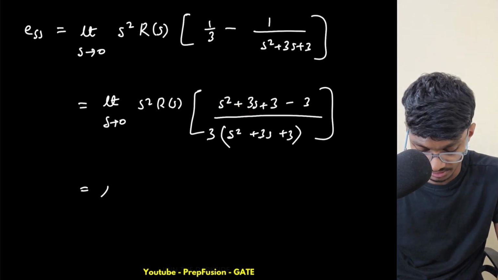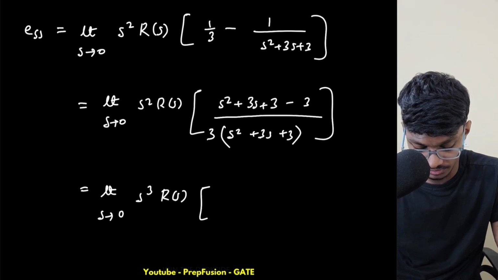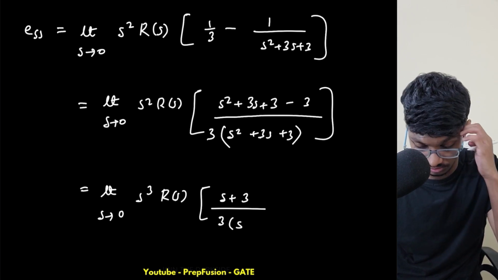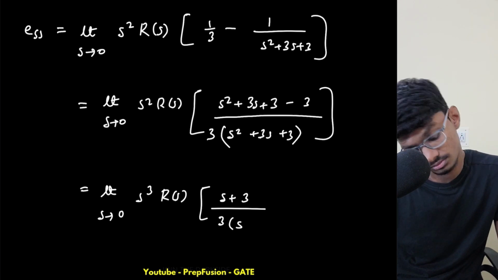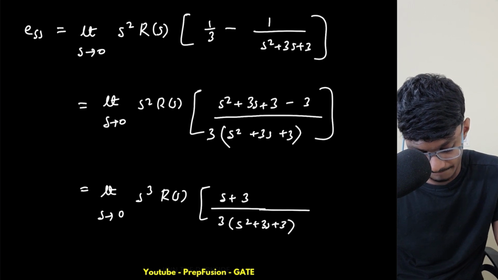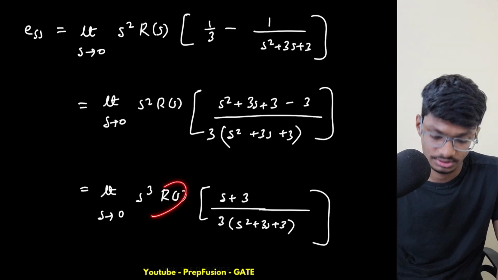So I can again take s common, s cube into r of s, this is s plus 3 divided by 3 into s square plus 3s plus 3. So now, simply, what is my r of s?